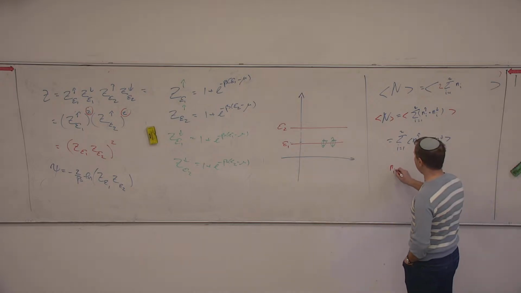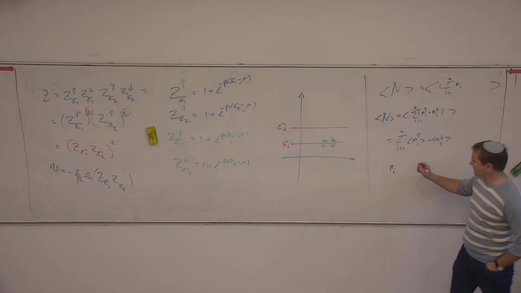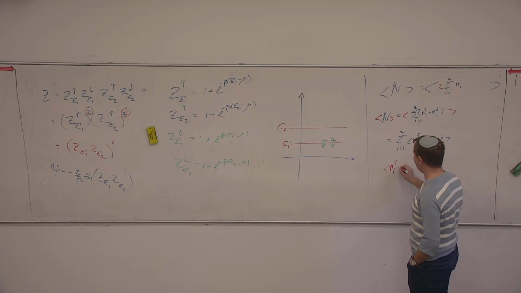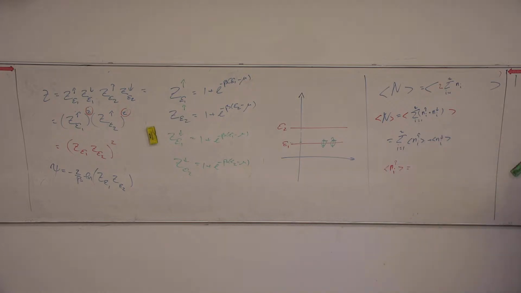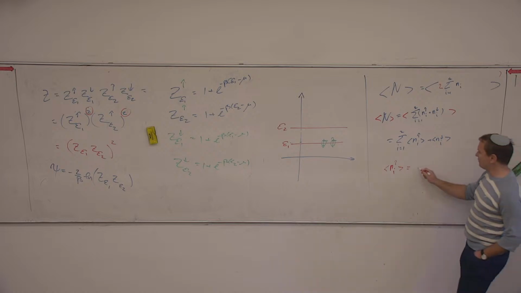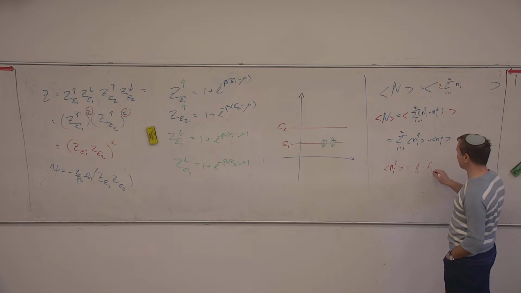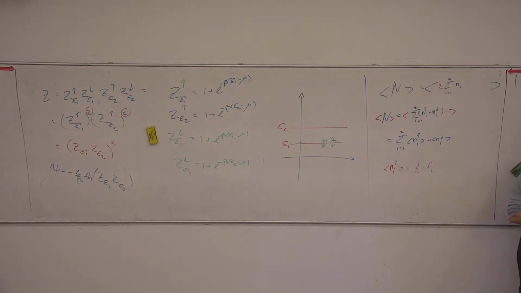What is Ni? Up or down, it doesn't matter. Let's take up average. So the possibilities of Ni are either that it's occupied, so I have 1 multiplied by the probability that it's occupied, Fi, plus it is unoccupied, which is Ni equals 0, multiplied by the probability that it's not occupied, which is 1 minus Fi.